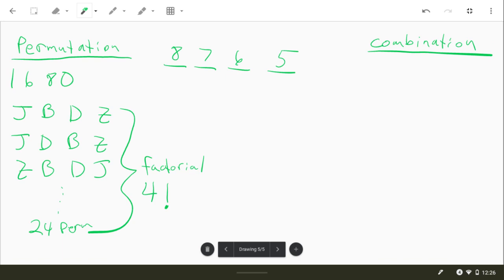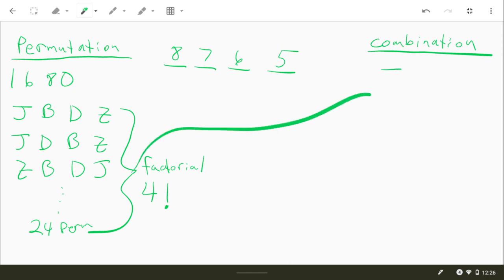But all 24 of these would be covered up here by just that one combination. So this one combination will cover all 24 of those. But in total, I know that there are 1,680.